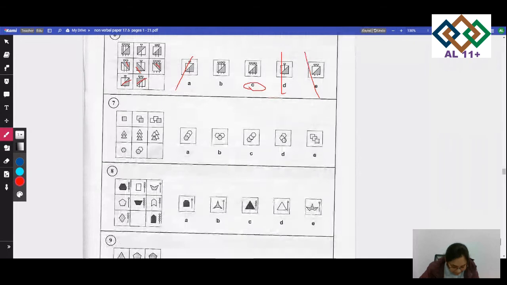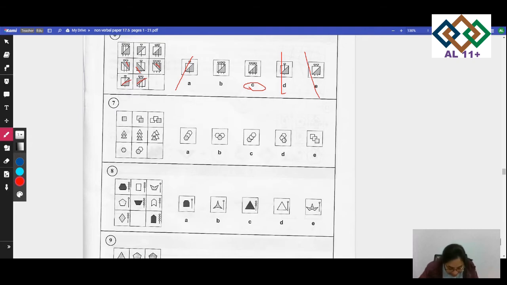So look at number 7 now. In number 7, each row has again 1, 2, 3, 2, 3, 4. Whatever sides you have, it's 1, 2, 3, 4. Each row only contains one type of shape. That could be a square, triangle, or a hexagon.